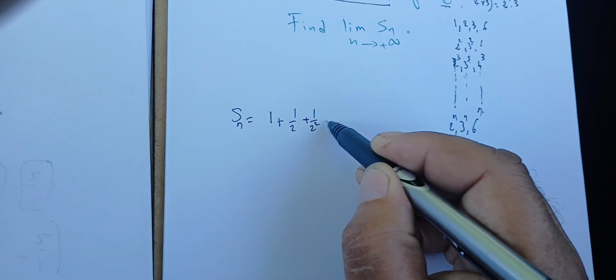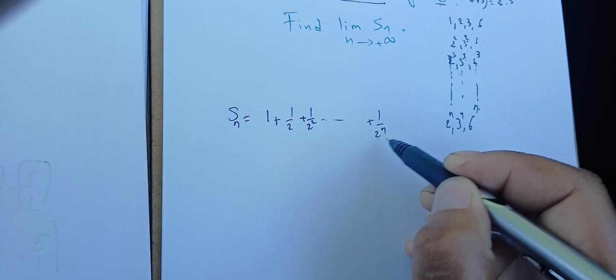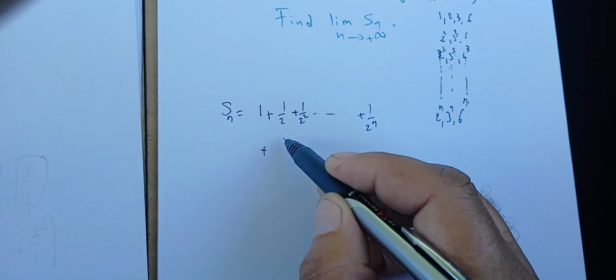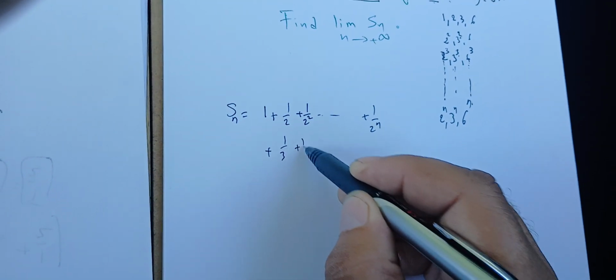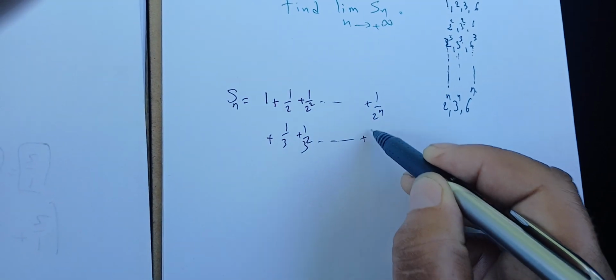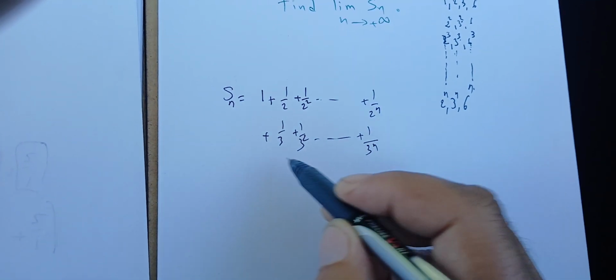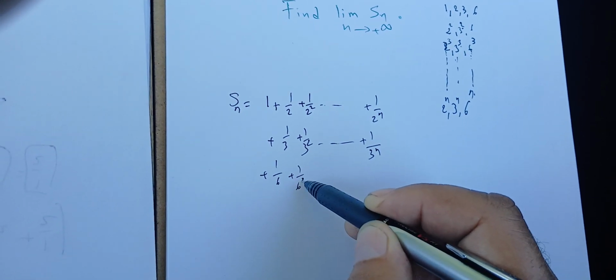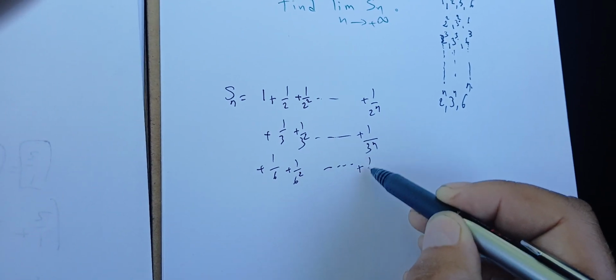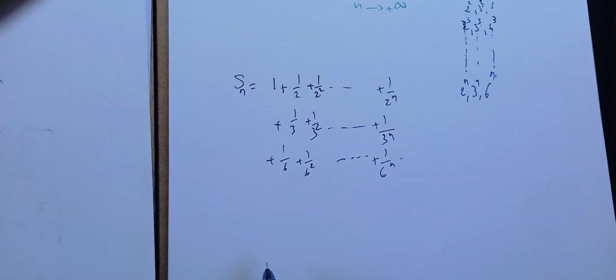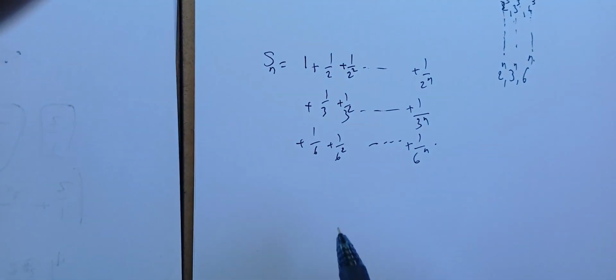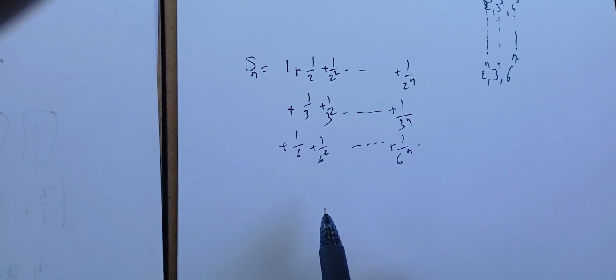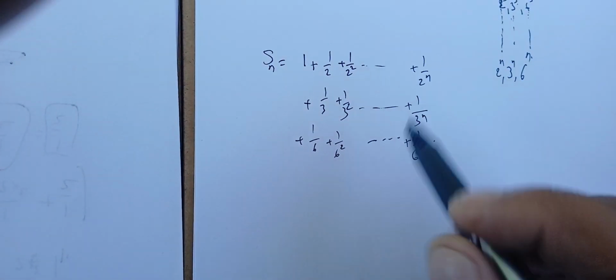So 1 over 2 squared, plus 1 over 2 to the power n, plus 1 over 3, plus 1 over 3 squared, until 1 over 3 to the power n. And finally, we get 1 over 6 plus 1 over 6 squared until 1 over 6 to the power n. Now we can find the limit.